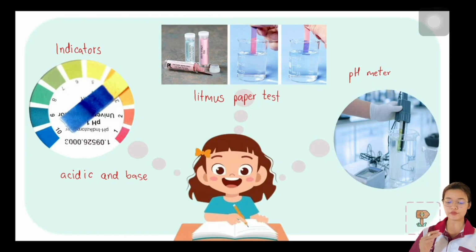Therefore, identifying whether a change is a chemical reaction may not be possible by observation alone; we need to know whether a new substance is formed or not.